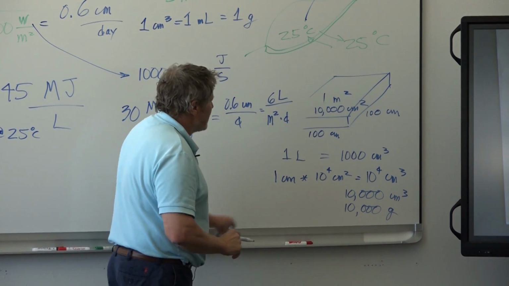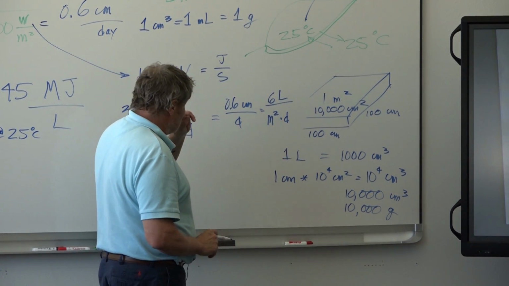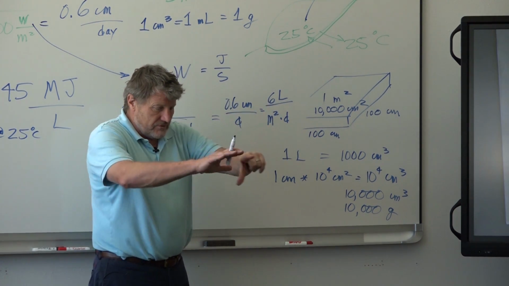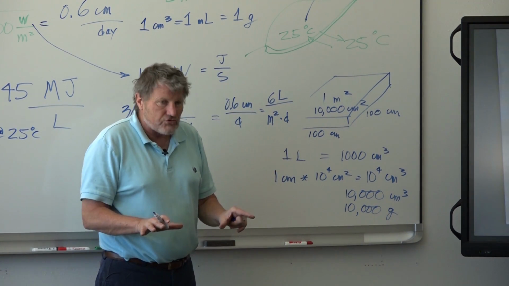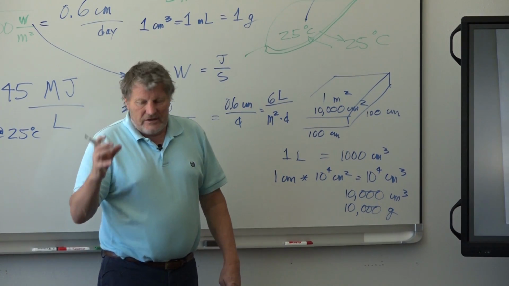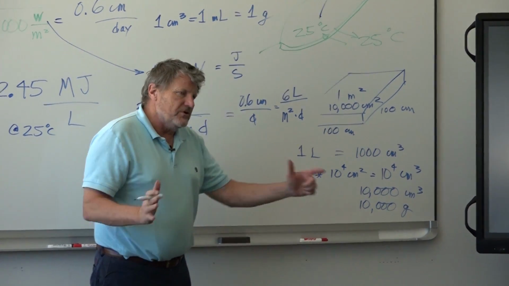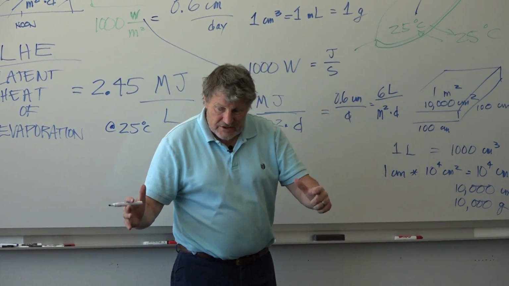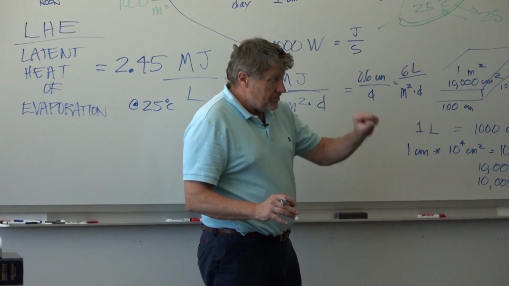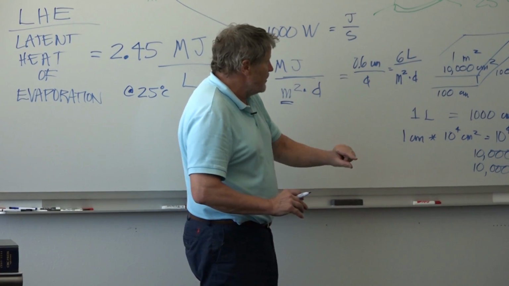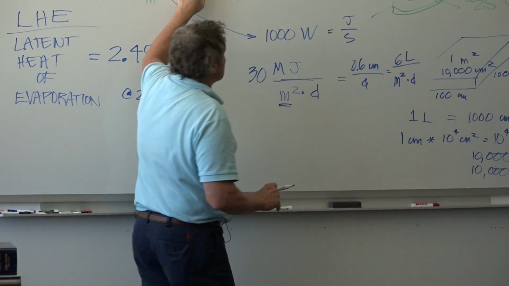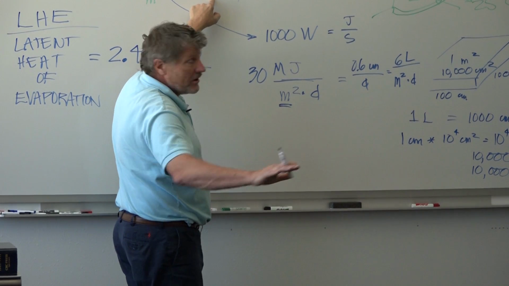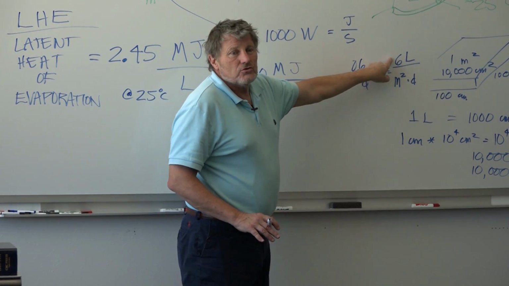I went over this math pretty fast, but it's not complicated. A centimeter deep on a liter tray. If we had a liter of water and we poured it into a meter squared tray, it'd be a millimeter deep. If we had 10 liters of water and we poured it in, it'd be a centimeter deep in the tray. So 0.6 centimeters a day in a meter squared area is 6 liters of water.